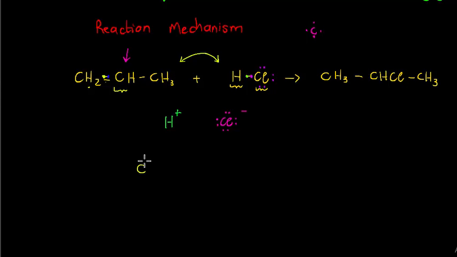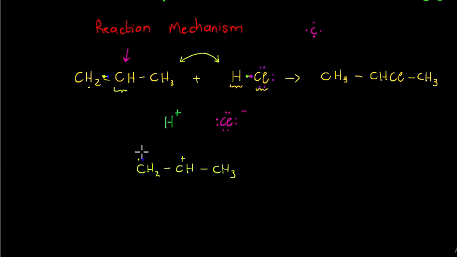So this carbon, like that, CH2, now only has a single bond with the second carbon, which has a single bond there, and the second carbon now has a positive charge. The second carbon has a positive charge because this carbon is missing an electron.